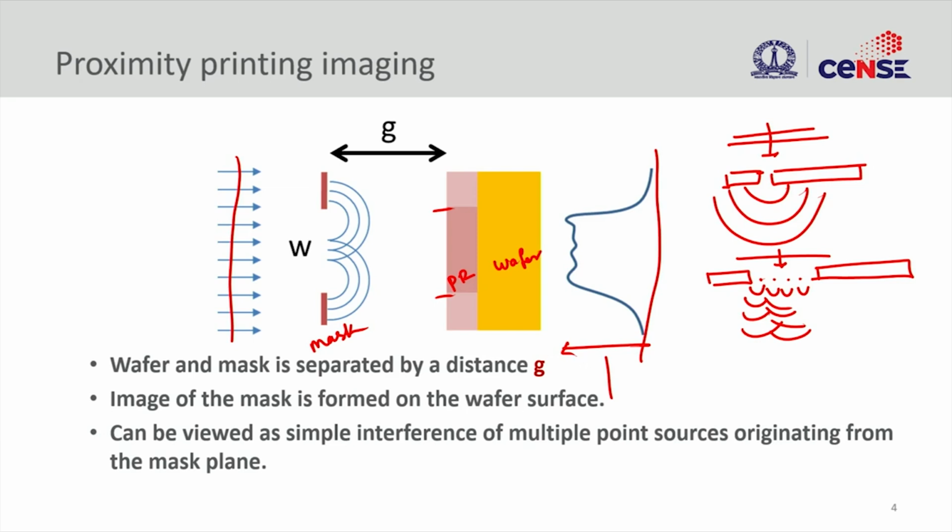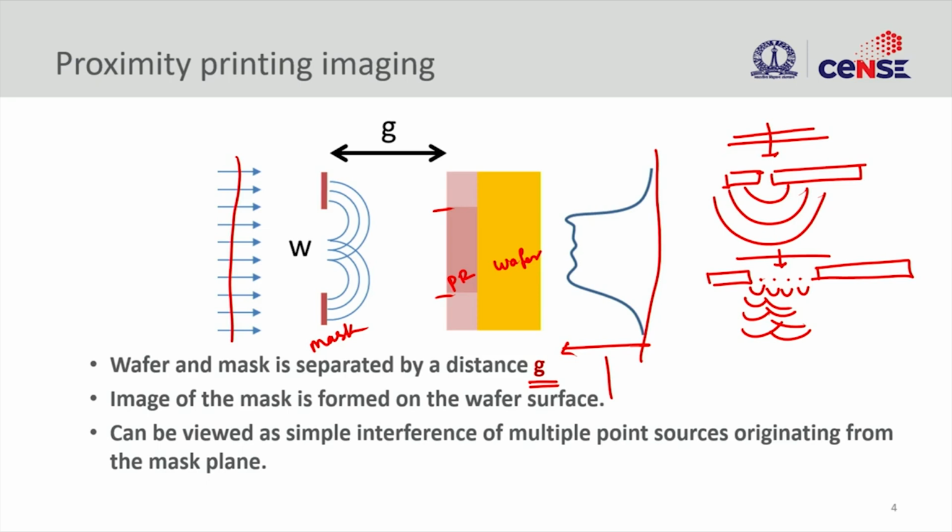As we already saw, upon illumination this photoresist is going to chemically change and become soluble or insoluble based on the tone. There is a distance between these two, and the image of this mask falls on this photoresist, so that whatever you have designed on your mask will be transferred onto this photoresist.